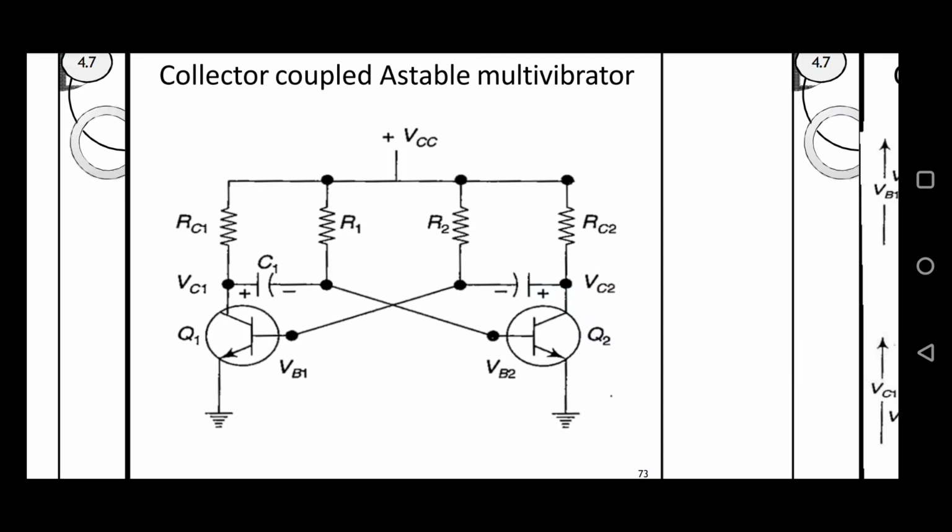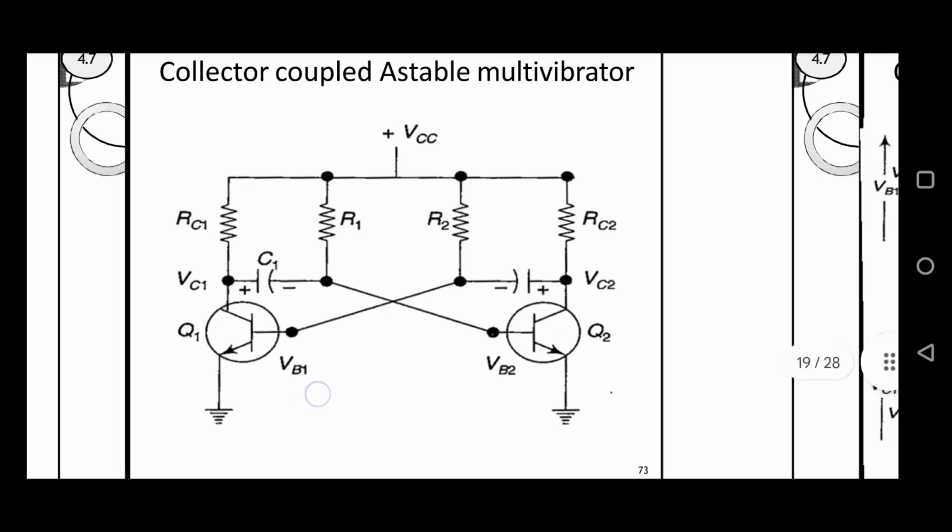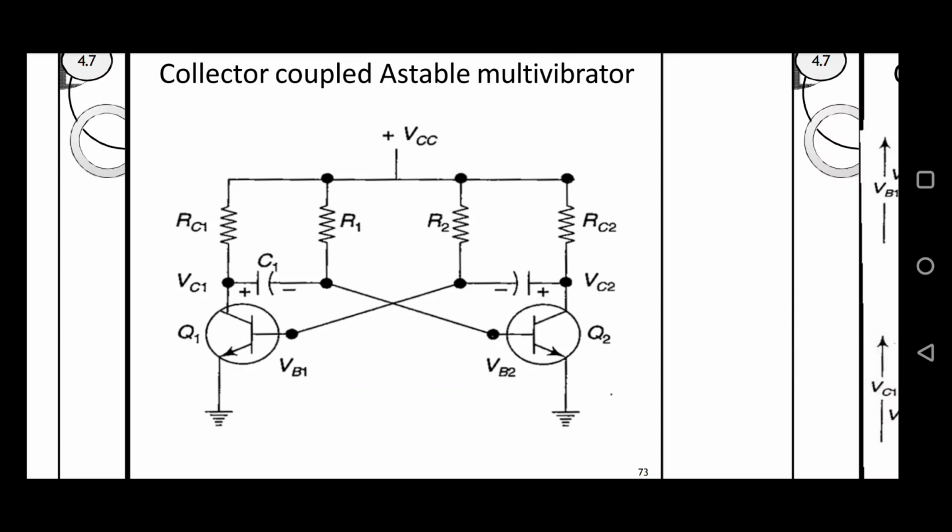Here there are two transistors, Q1 and Q2. Q1 and Q2 are identical NPN transistors, and there are two collector resistances, RC1 and RC2. R1 and R2 are the biasing resistances to provide the DC bias, and C1 and C2 are the capacitors.